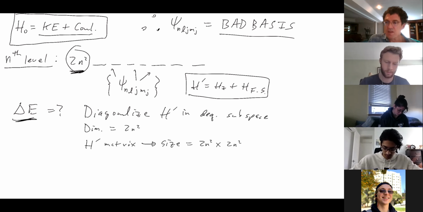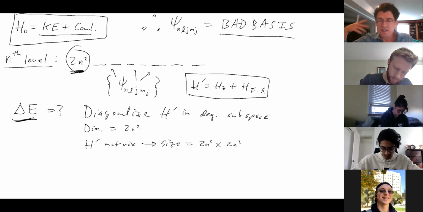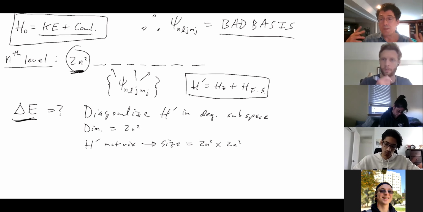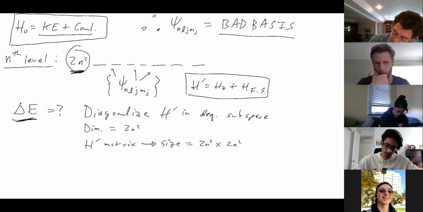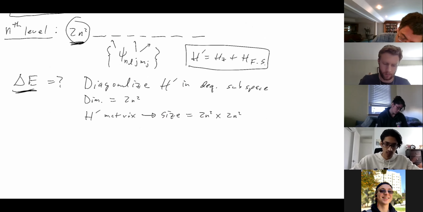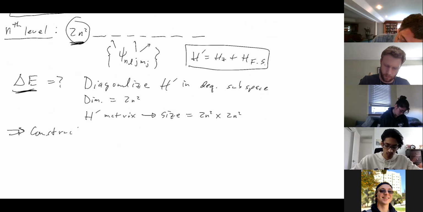That's right, because for D dimensions, the operators are D by D. So we must construct H prime, and then we have to diagonalize it.